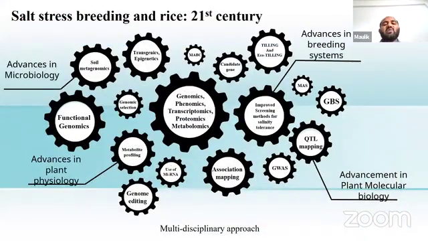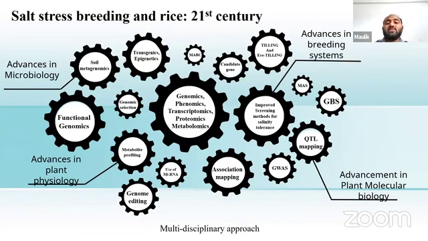So in the 21st century, how do we develop salt tolerant varieties using a multidisciplinary approach, meaning advances in microbiology, physiology, breeding systems, and plant molecular biology. So nowadays is the day of molecular biology.